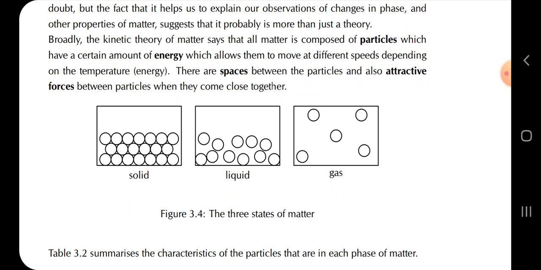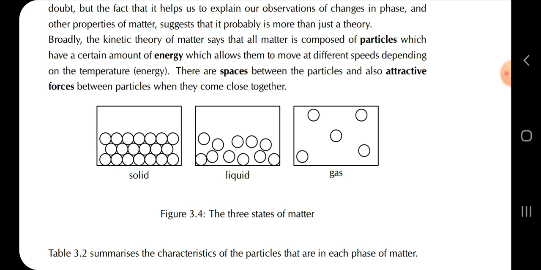So we use it to explain the three stages of matter. Can you see in solid, the intermolecular forces are strong, and those balls are tied together. And then in liquid, the intermolecular forces are not strong, but in gas they are extremely weak. Those particles are far away from each other.